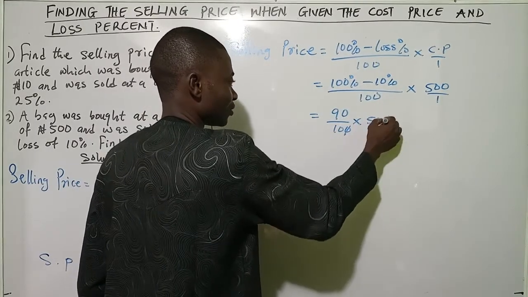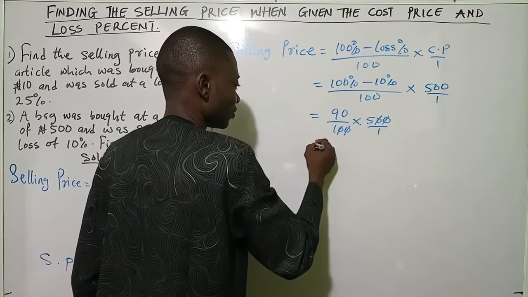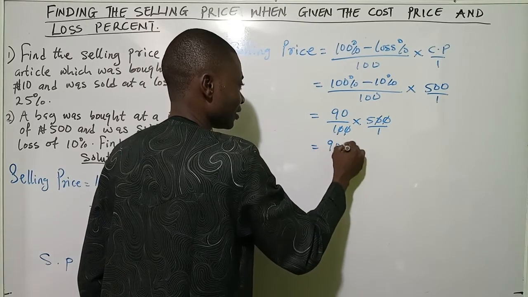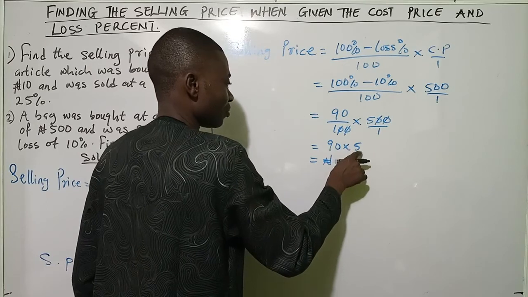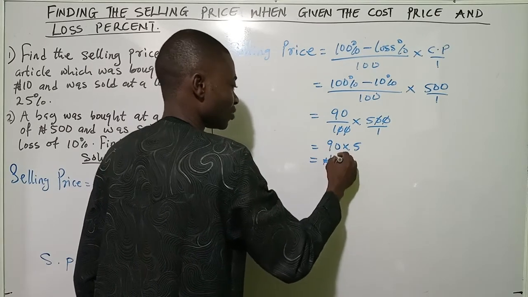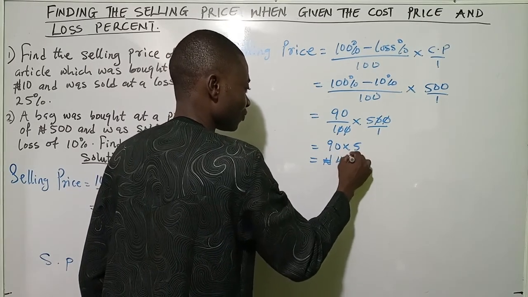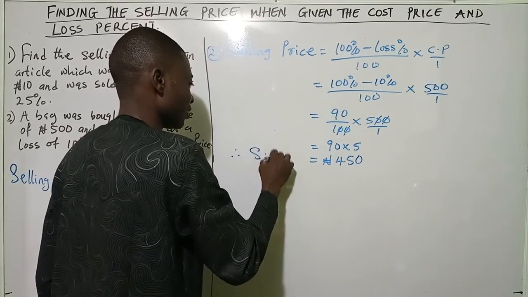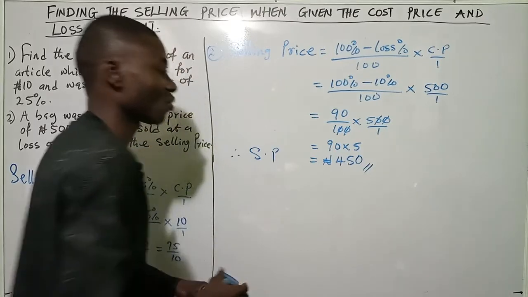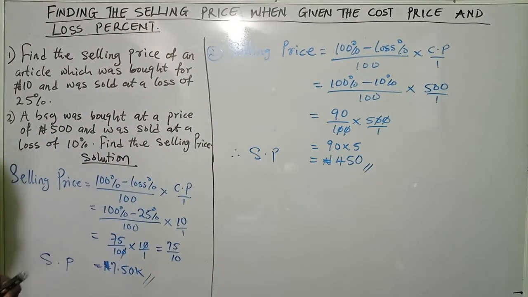So 0 cancels 0, 0 cancels 0, leaving us with 90 times 5. 5 times 9 is 45, then you add 0. So therefore, the selling price is 450 naira.